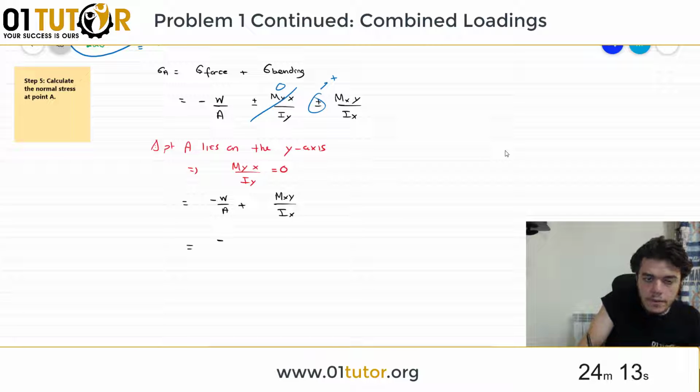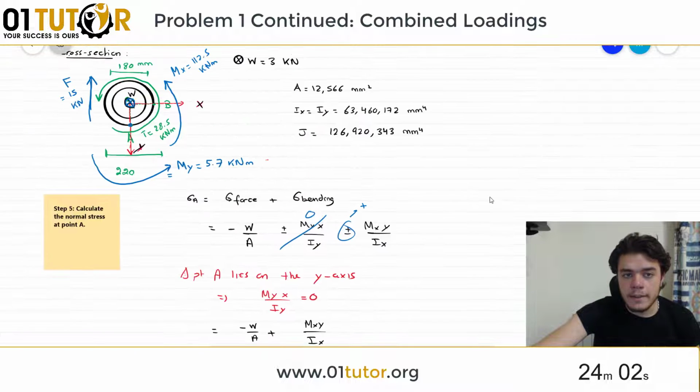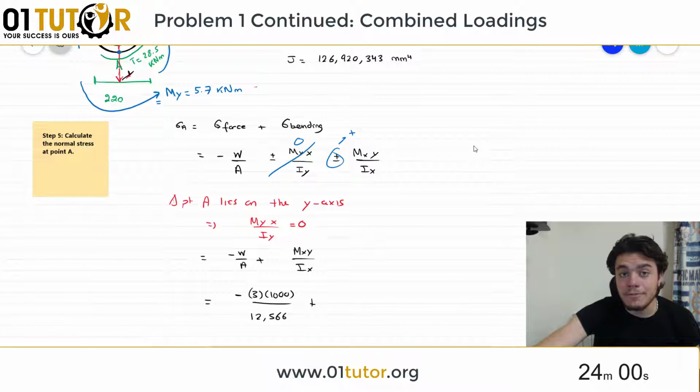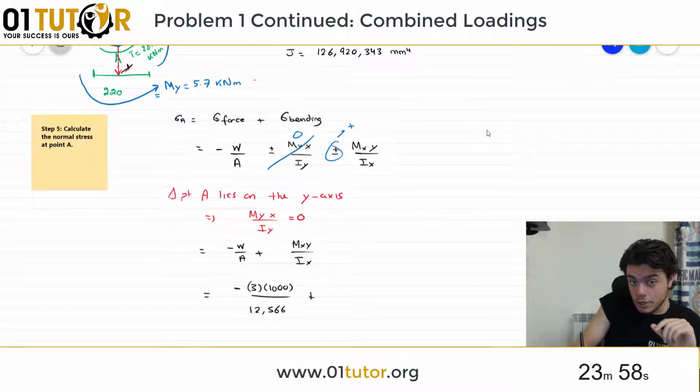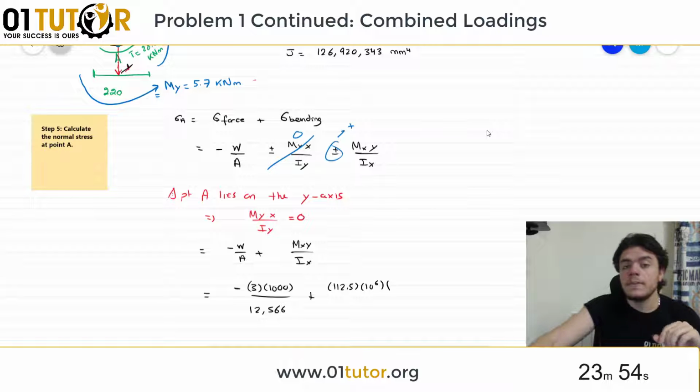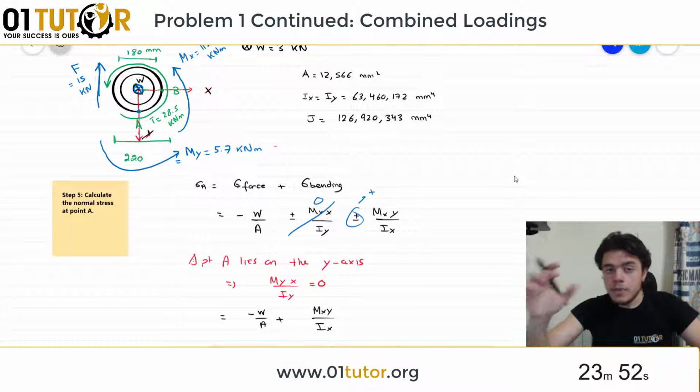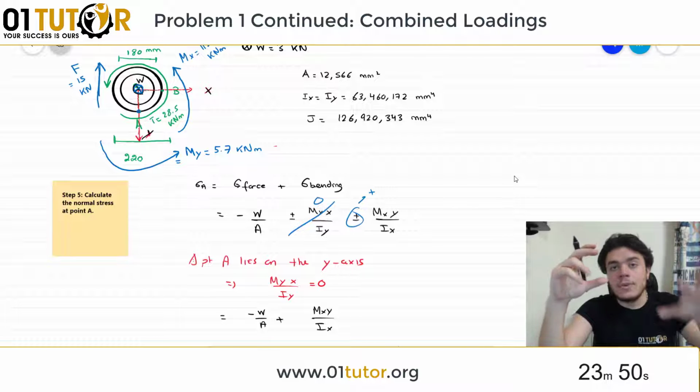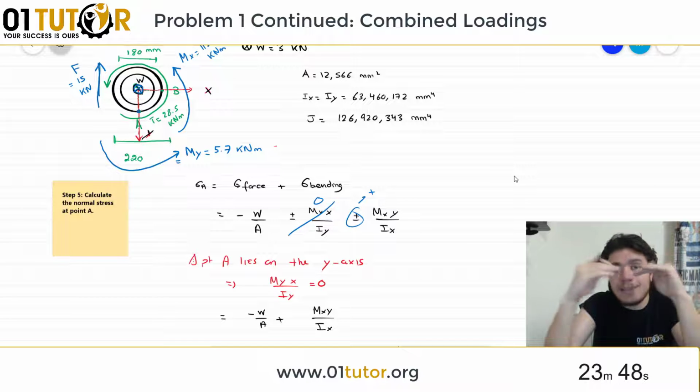Alright, so minus the weight, which is 3 multiplied by 1000 to change it to newtons, over the area calculated earlier, 12,566, plus the moment about the X, which is 112.5 kilonewton meter. I have to change it into newton millimeter. So 112.5 multiplied by 10 to the power 6, multiplied by Y, which is the vertical distance between the point of interest and the horizontal centroidal axis.